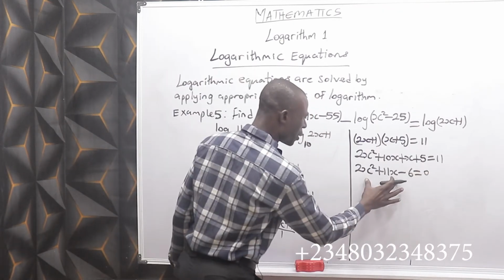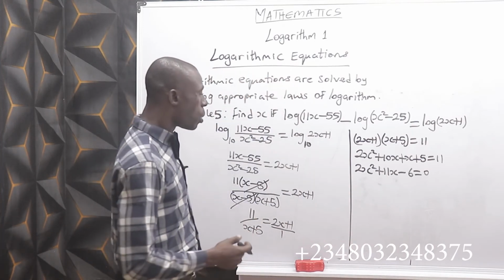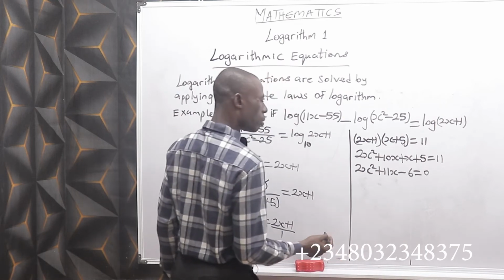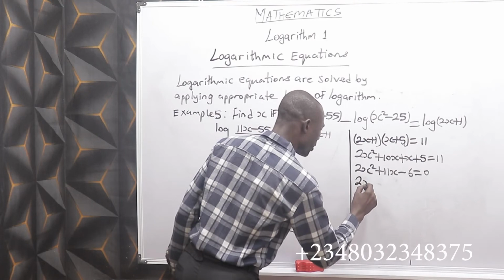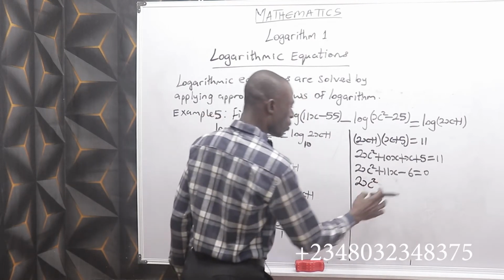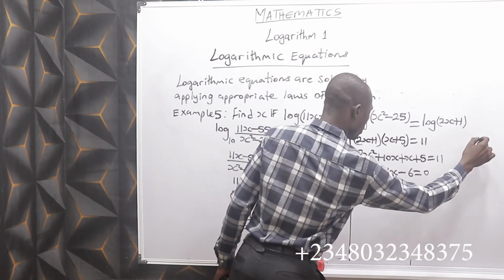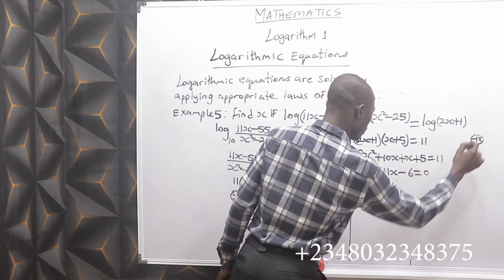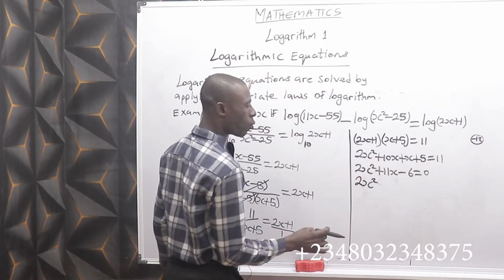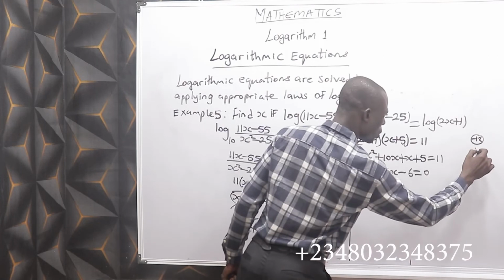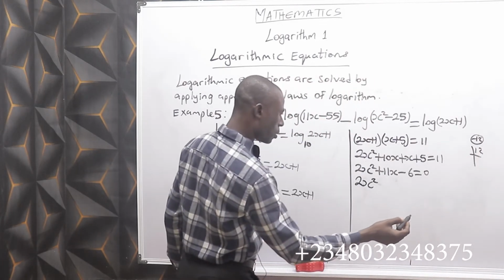So factorizing this or solving this quadratic equation in any way you may like to. So I want to factorize. So we have 2x squared. Finding the two factors that will work here. Minus 12 is the product of the first and last term. I take their coefficients, the coefficient of this alone. So 12 and 1.